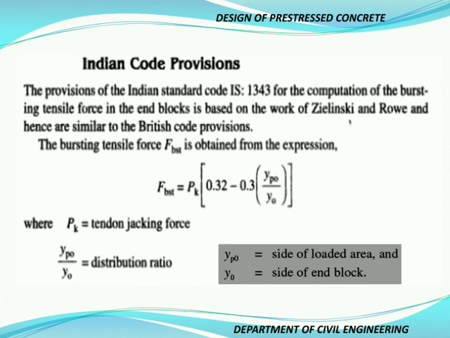Here yp0 is the side of the loaded area and y0 is the side of the end block. These things, about the distribution ratio and all, we will be discussing in today's lecture.